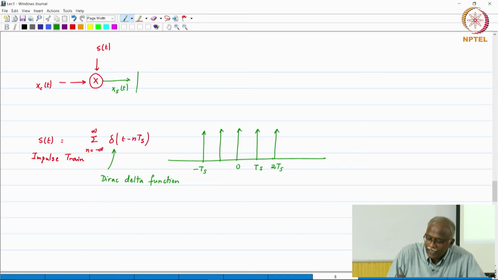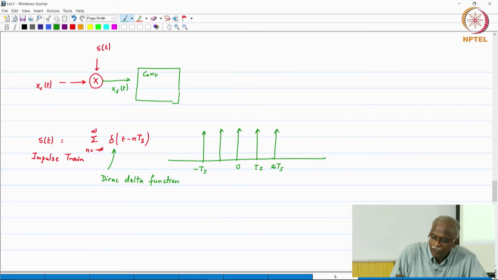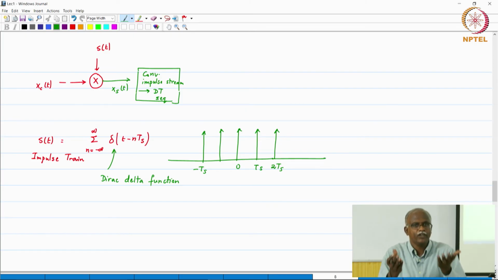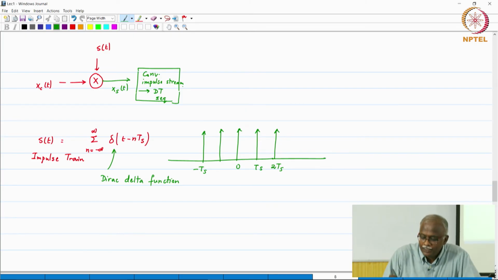So, I have a box that says I will convert the impulse stream to a discrete time sequence, because xc of t is a current or voltage or some analog signal. So, this has to be converted into a sequence of numbers.